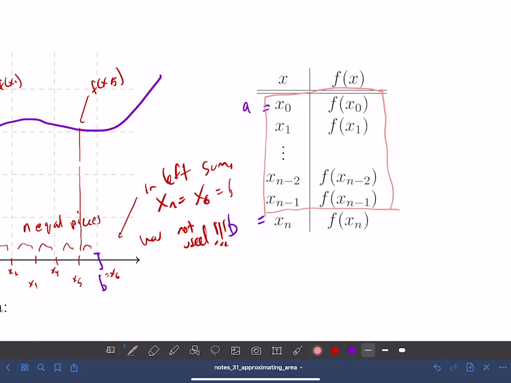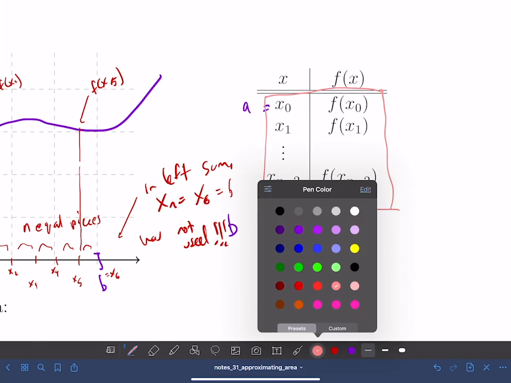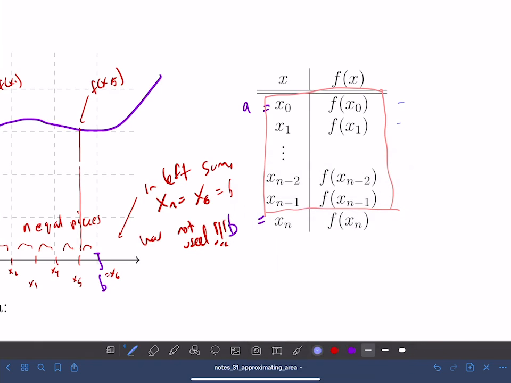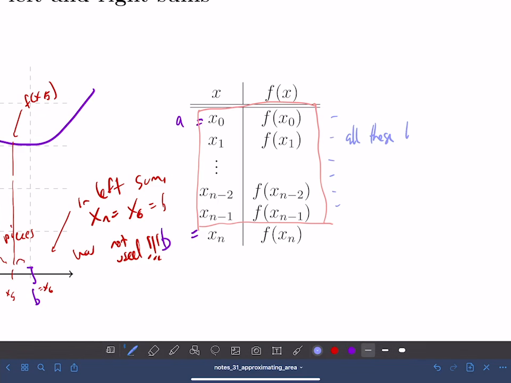I will add also that all of these heights are multiplied by delta x, which is the width of a subinterval, which is b minus a, the width of the total interval, over n.